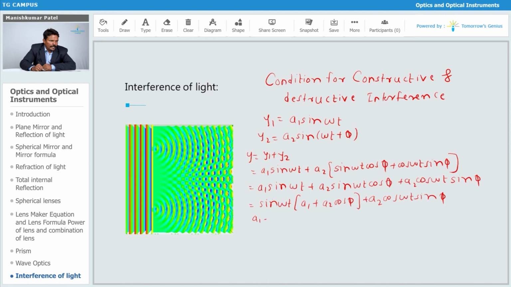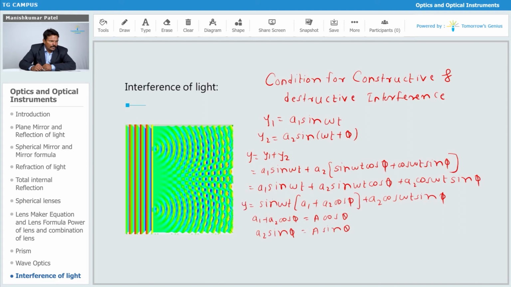So a1 plus a2 cos phi is equal to A cos theta, and then the next thing, a2 sine phi, you can write as A sine theta. So this is how we can write it.